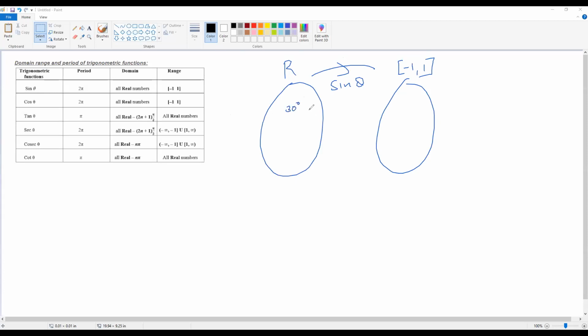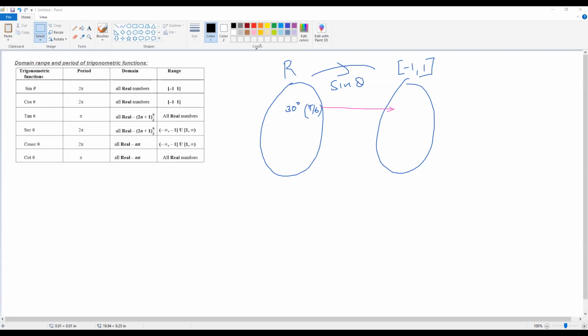Now take 30 degree, or in other words pi by 6. What about sine 30 degree, or sine pi by 6?